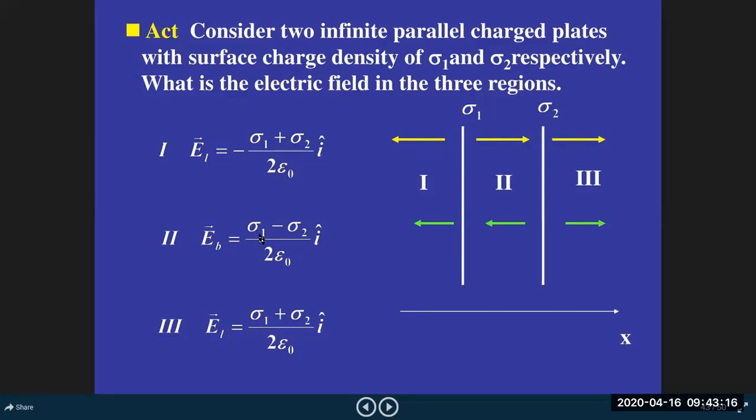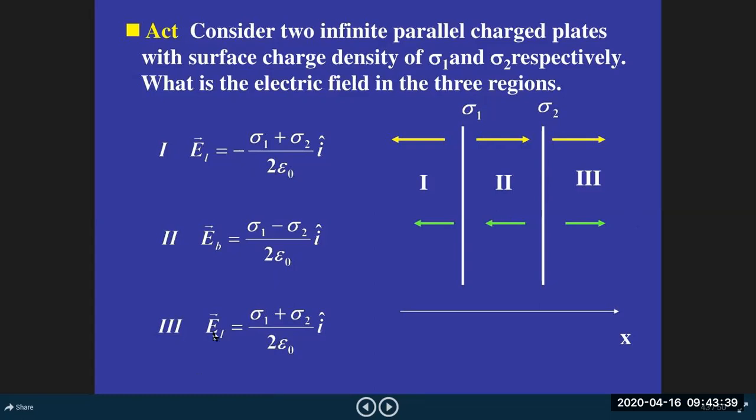And here, plus sigma plus sigma, 2 sigma upon 2 epsilon naught into i cap. So the 2 cancels out, giving sigma upon epsilon naught. So in this case, in between the two plates, the electric field will be sigma upon epsilon naught i cap, directed along this direction.